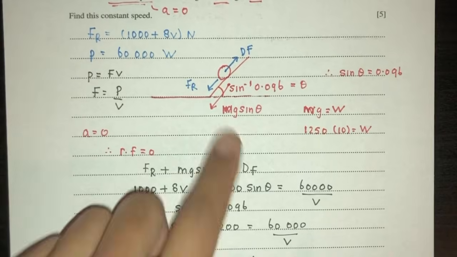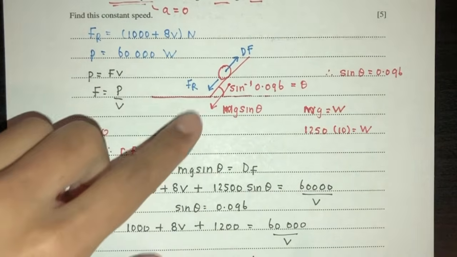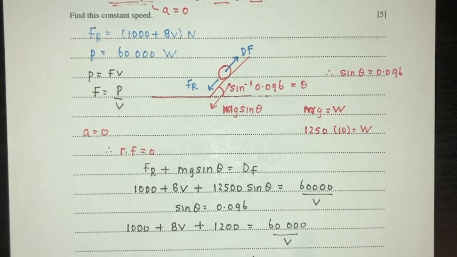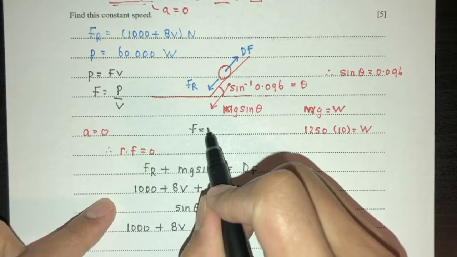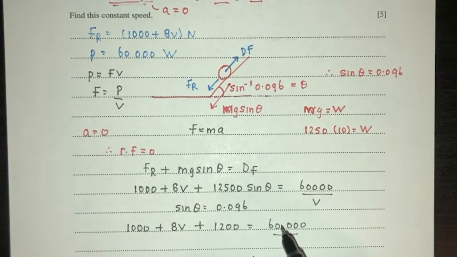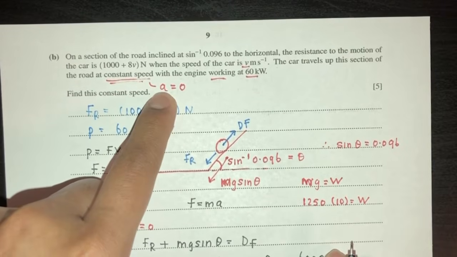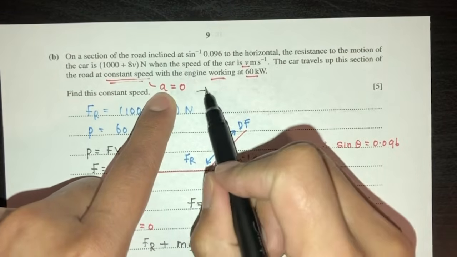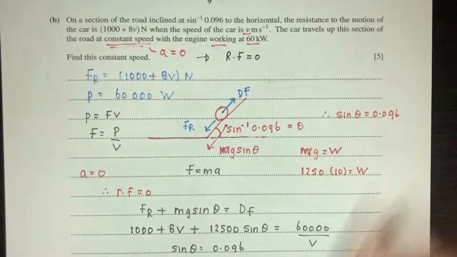Whenever you have mass, always write down the components of your mass and the direction of your forces. When you use F equal to ma, F is the resultant force, and whenever you see speed is constant, it means the acceleration is 0, so the resultant force is 0, which means the force down and the force up are the same.